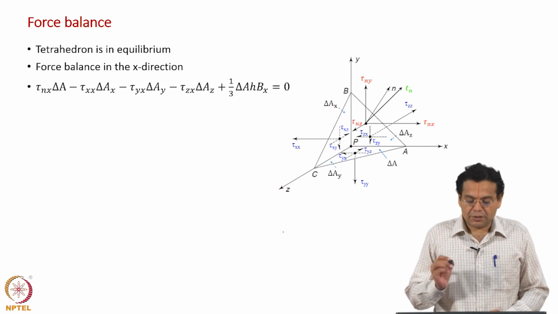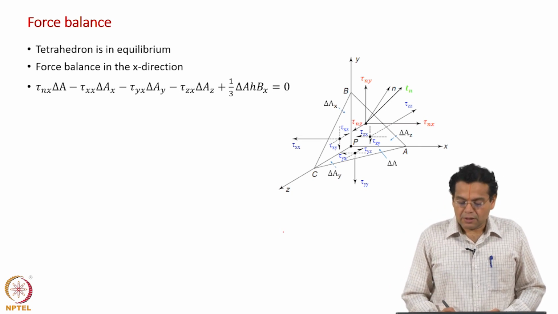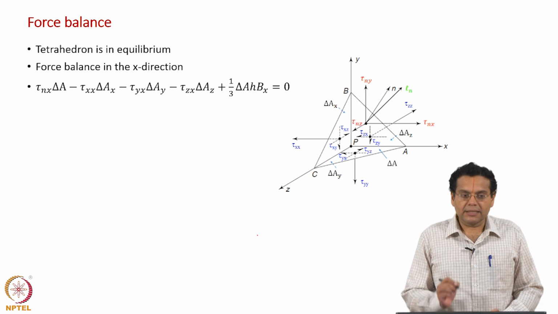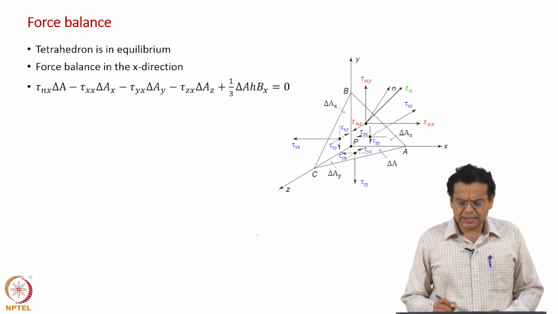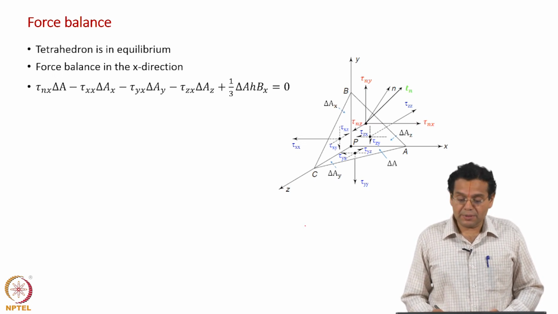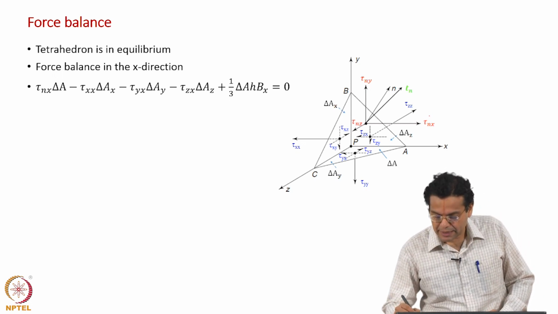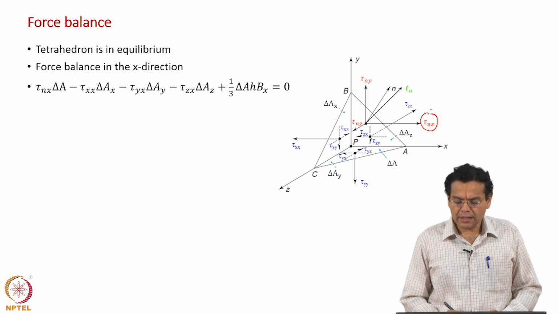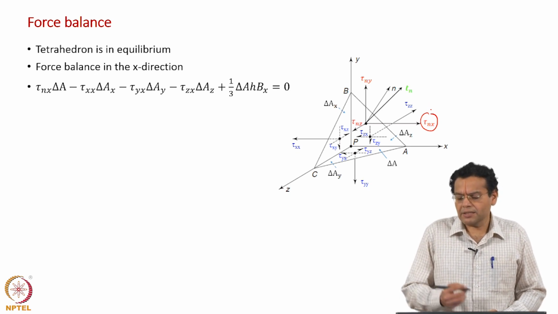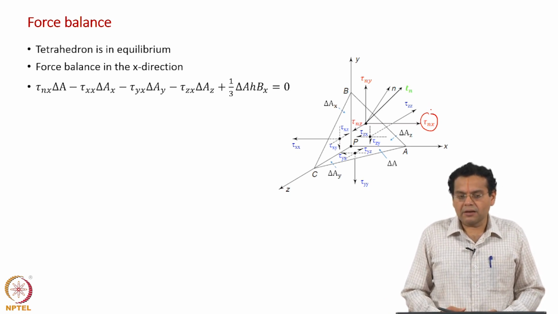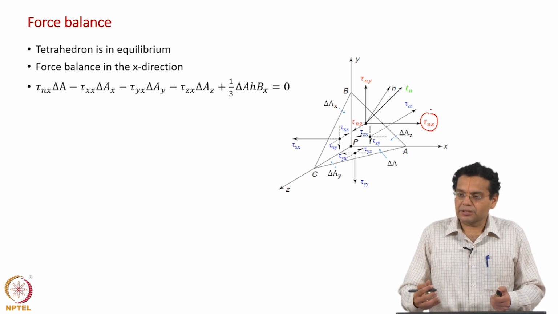So, we should account for all the components of stress vector acting along the x direction. So, let us take the component of the stress vector acting on the arbitrary plane, tau nx, okay, and that is along positive axis, because when we resolve a vector along the coordinate axis they are along the positive axis. Okay.